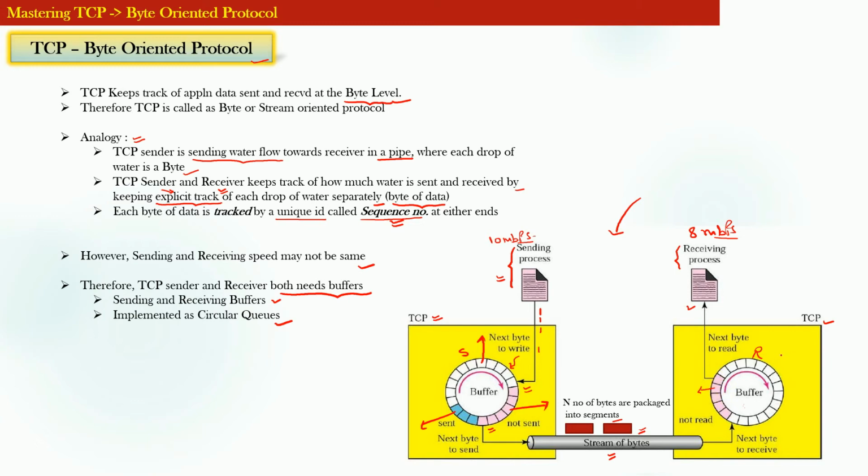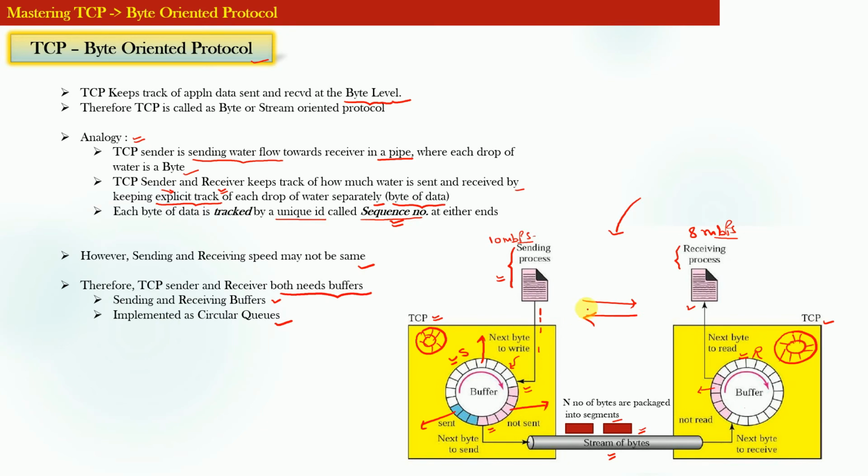So you can see on either end, the sending TCP uses a sending buffer and the receiving TCP uses a receive buffer. But since the communication is duplex, the sending process is also a receiving process, and therefore it will have one more circular buffer called the receive buffer, right? And the receiving process is also a sending process, therefore it will have one more circular buffer called the sending buffer.